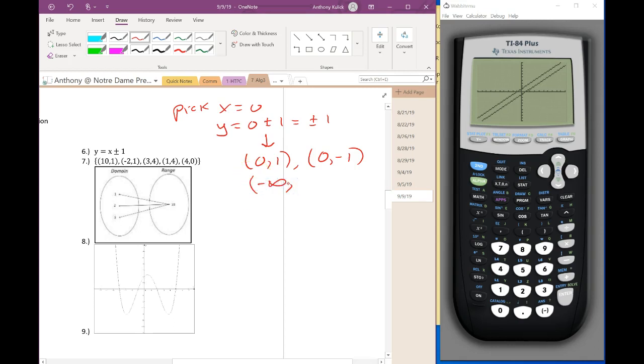Is there a rightmost point? Okay, so there's my domain. Is there a lowest point? No. We're on 6. Well, on 9 there's the lowest point.